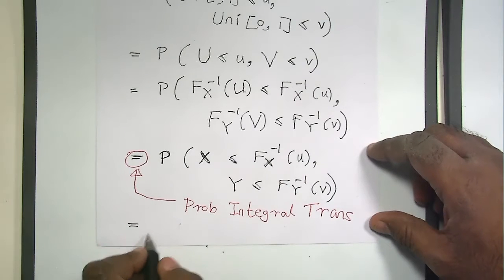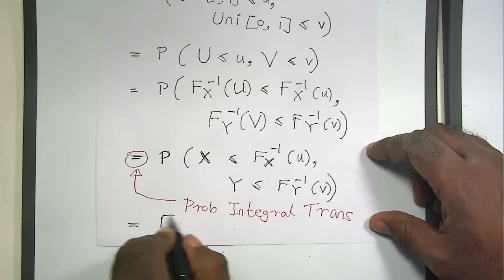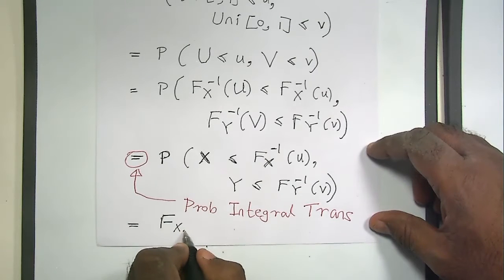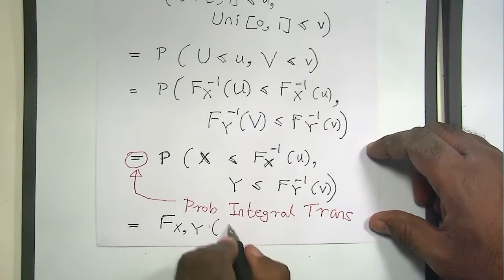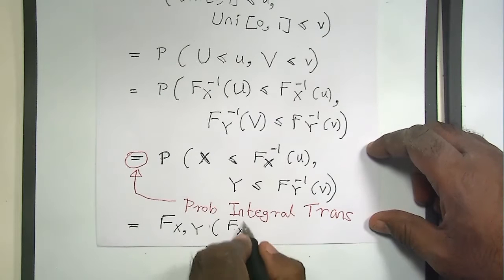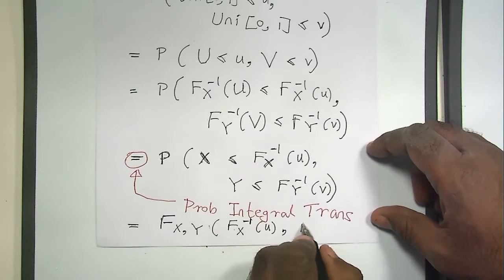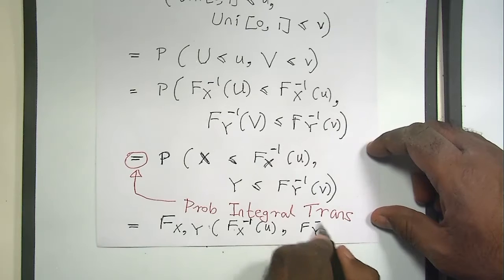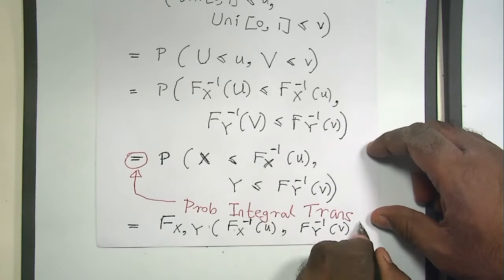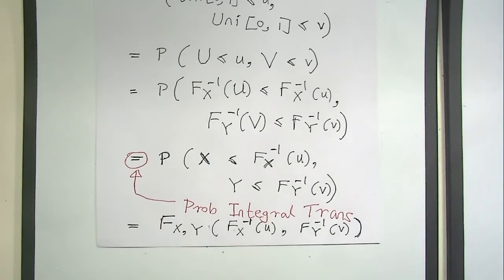Come on. So you have a joint CDF of X, Y at this point. So we have proved, once again, the proof is complete.